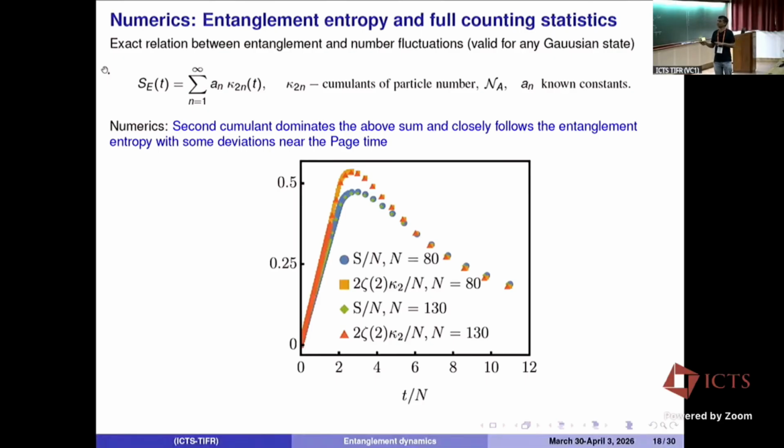Of course, this depends on all cumulants, but the second cumulant itself is quite often already very close to the entanglement entropy. There are some prefactors that appear in this formula which we have added here just to get them closer.